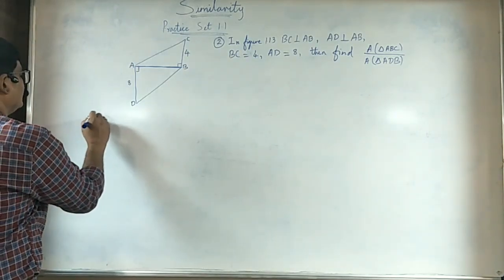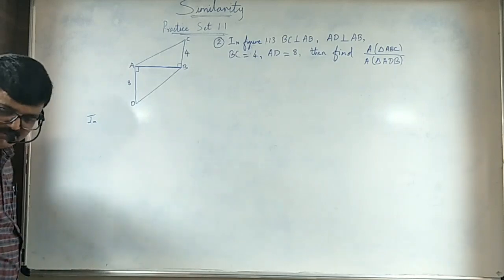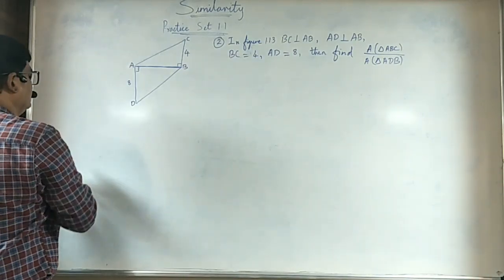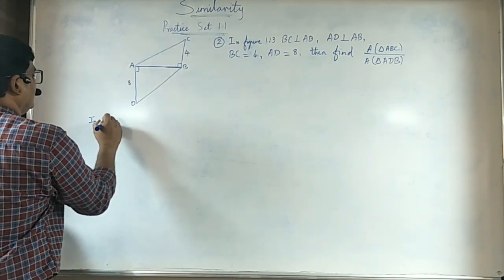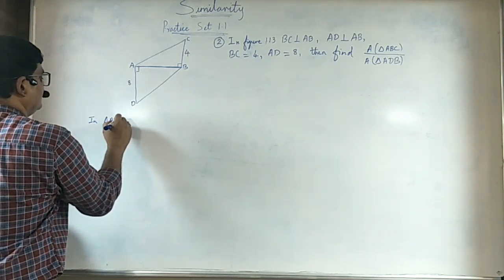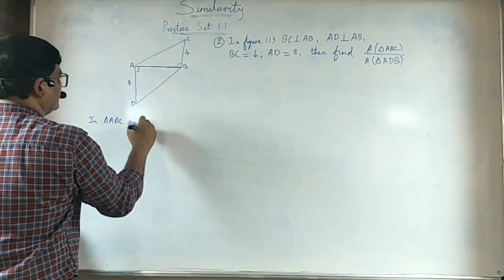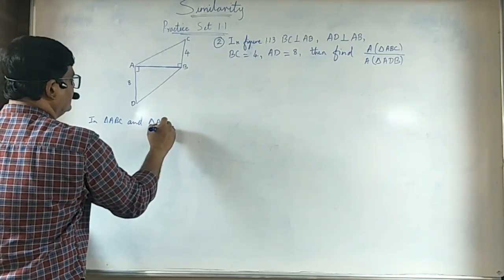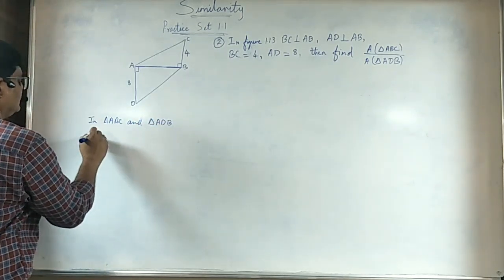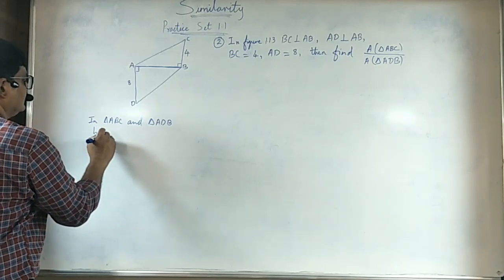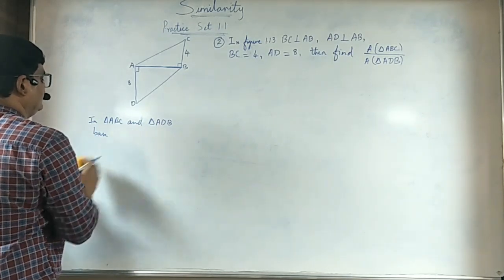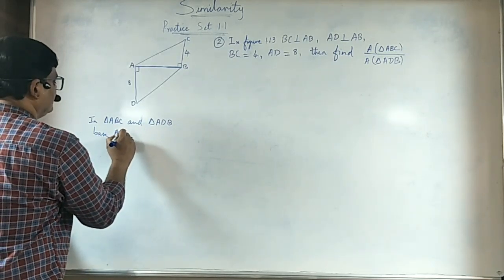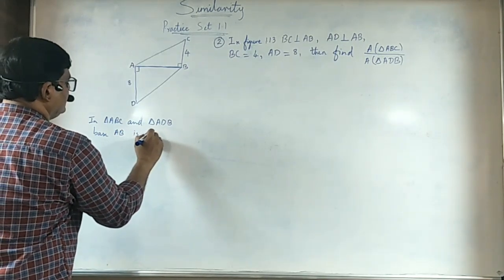Here I will be writing, in triangle ABC and triangle ADB, I have the base AB equal. Base AB is equal.